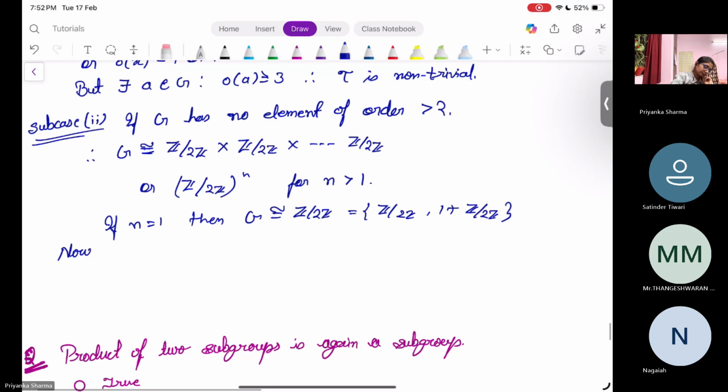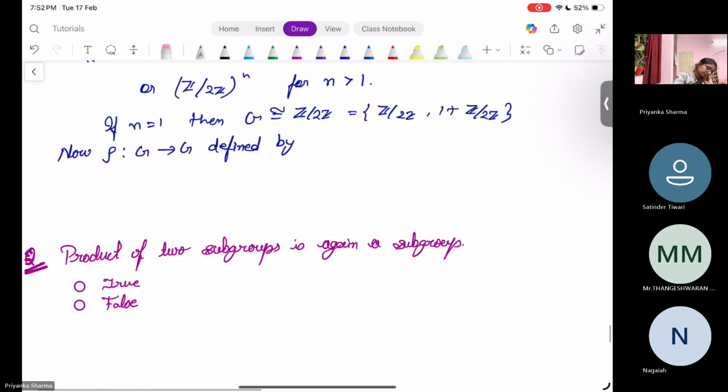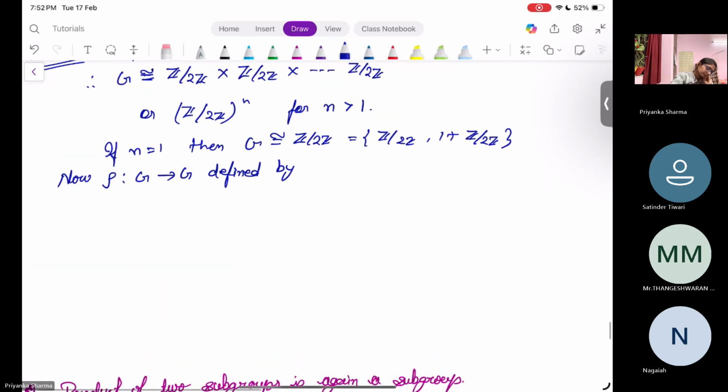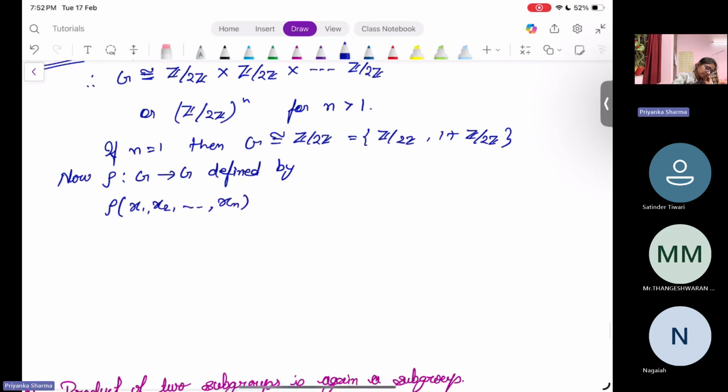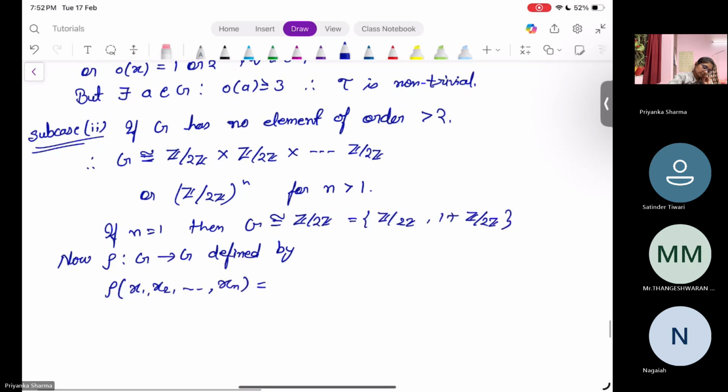Now, suppose we construct a map, say this is rho from G to G, defined by rho of (x1, x2, ..., xn), where G is Z over Z2 to the power n, meaning an n-times product.